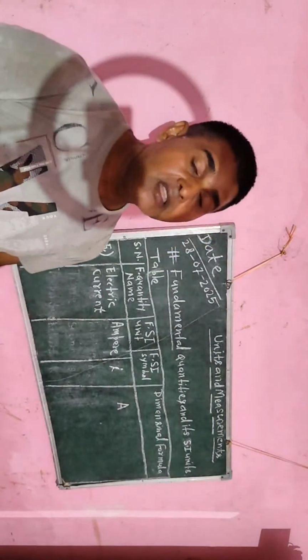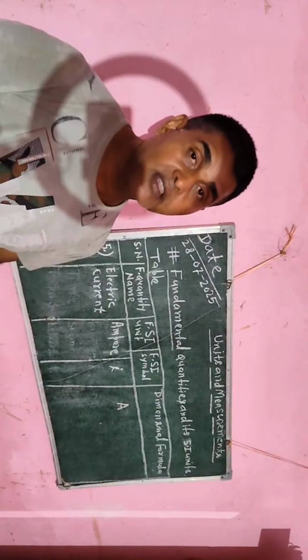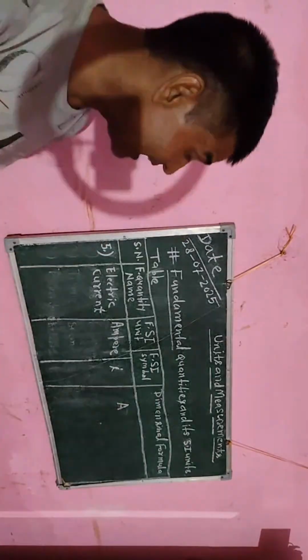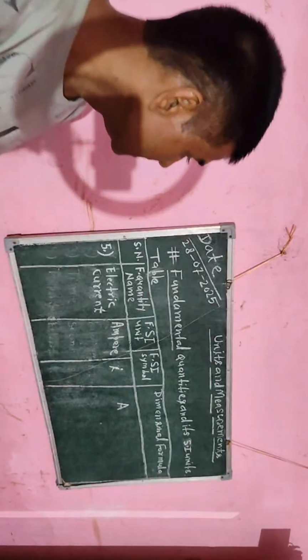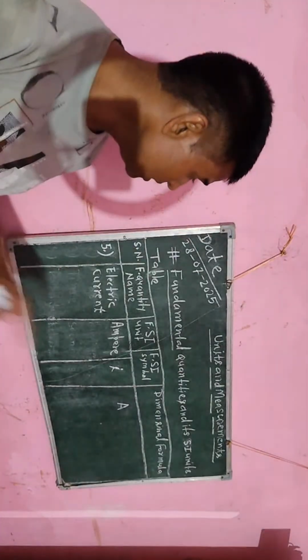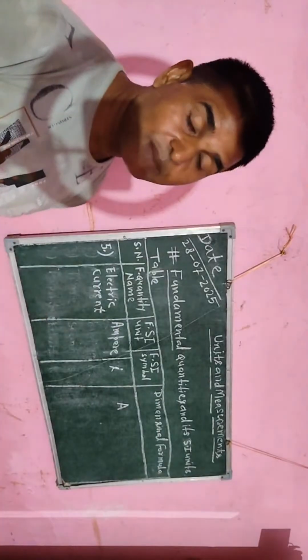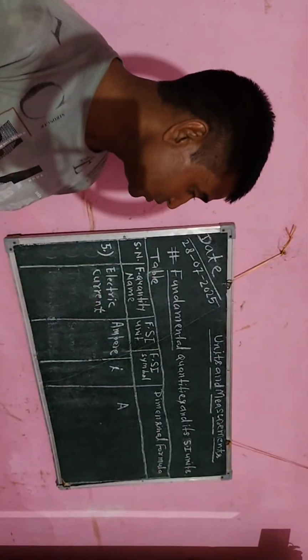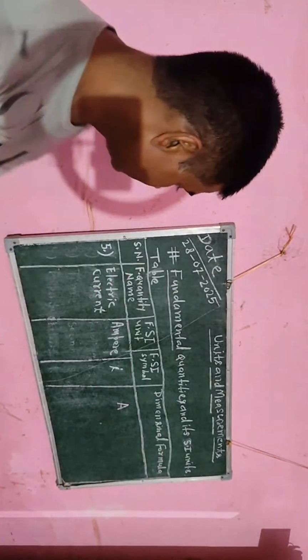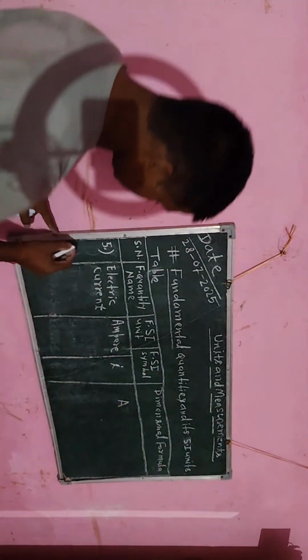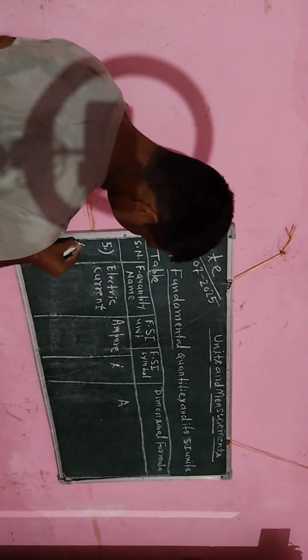We can write the dimension of that derived quantity, and if we need the derived SI unit, we can also write it with the help of these 7 fundamental quantities.